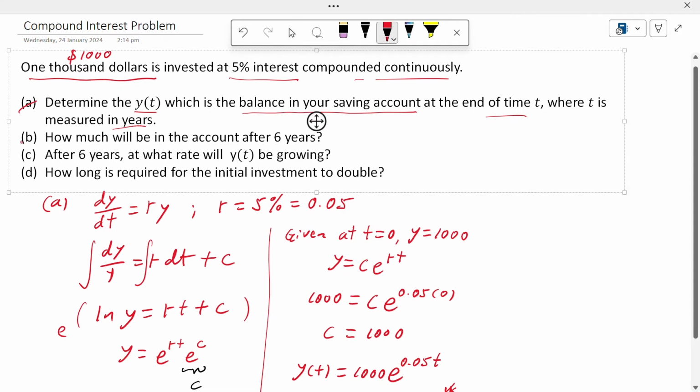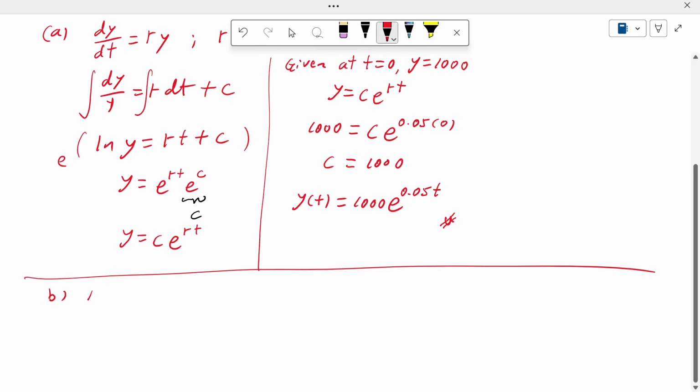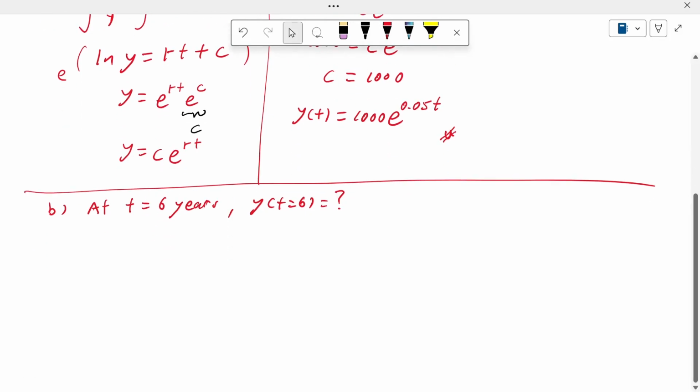Now we see question B. How much will be in the account after 6 years? At time t equal to 6 years, we want to find the money we have in the bank.